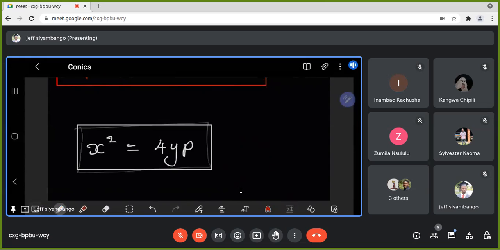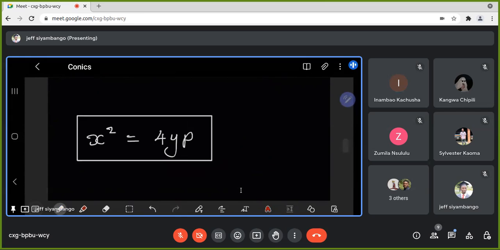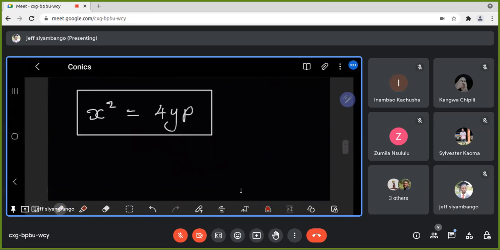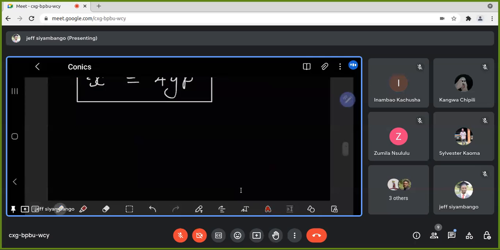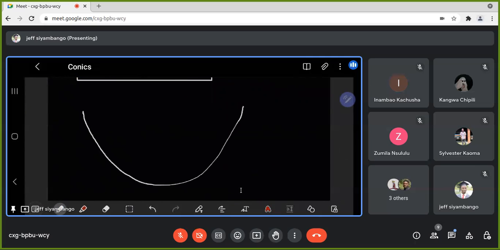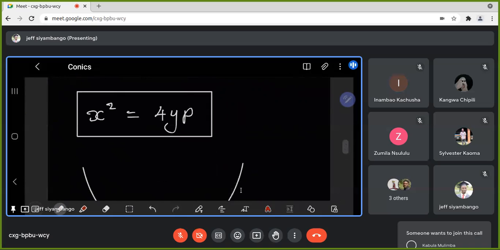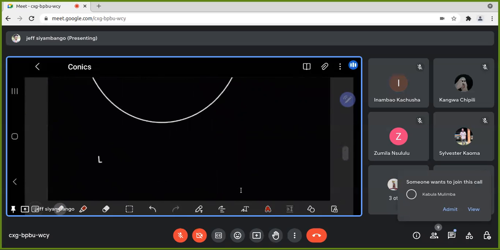Now, what is p in this case? Well, this, for example, is going to be a parabola that opens upwards. You can tell that this parabola opens upwards because you must know this equation very well.